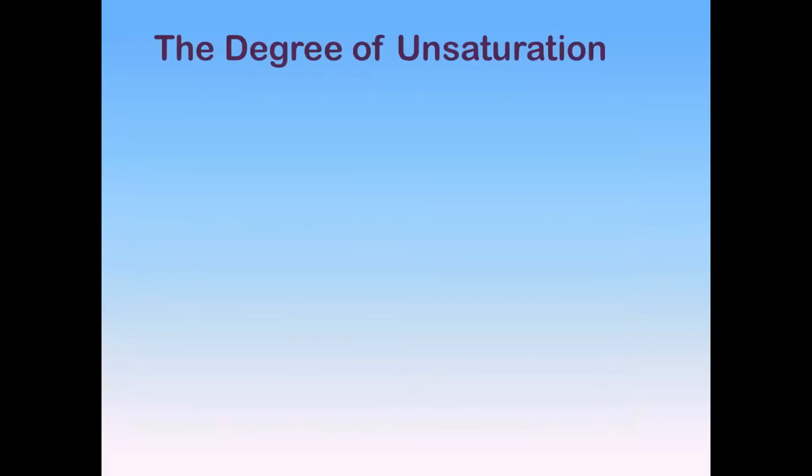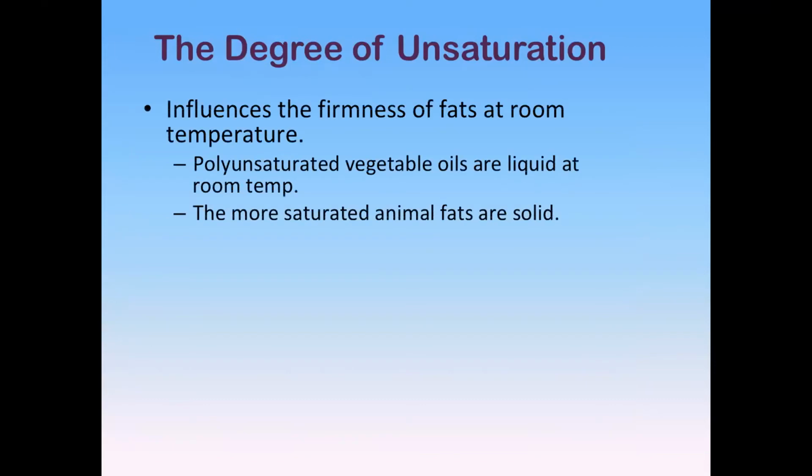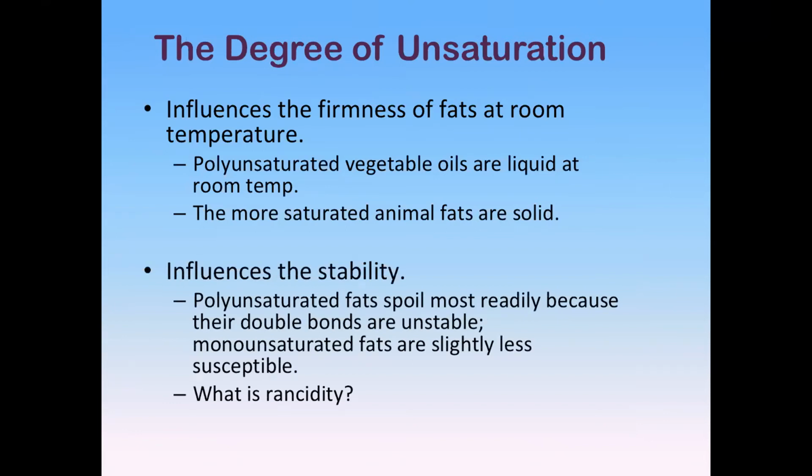So now let's take each one on itself. The degree of unsaturation influences the firmness of fat at room temperature. Polyunsaturated vegetable oils are usually liquids at room temperature. The more saturated the animal fat, the more solid it is. Now, what does this mean?